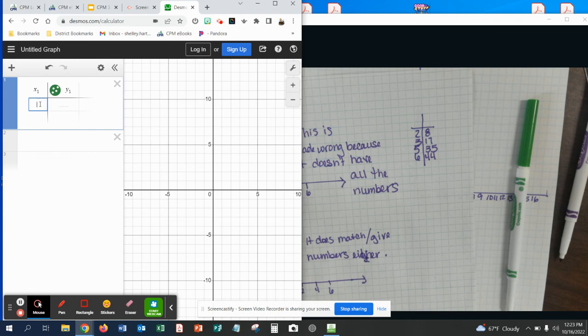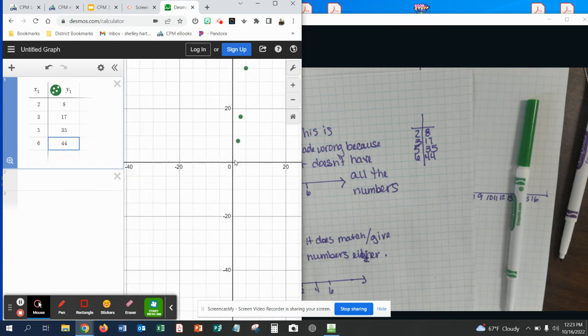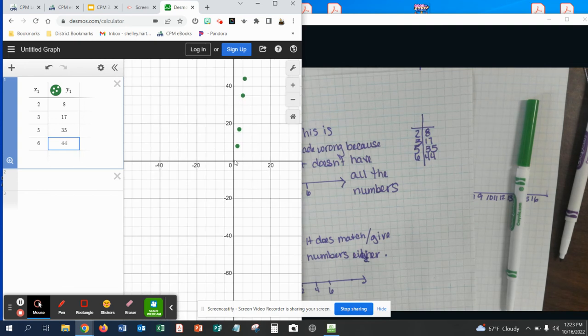Tab over, then 3 and 17, then 5 and 35, and then 6 and 44. Then you will have everything lined up appropriately.